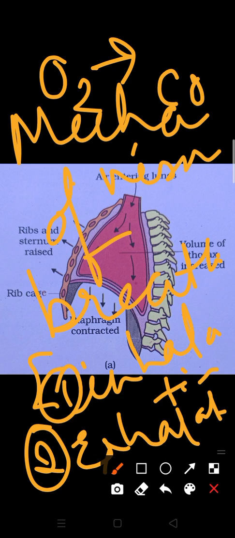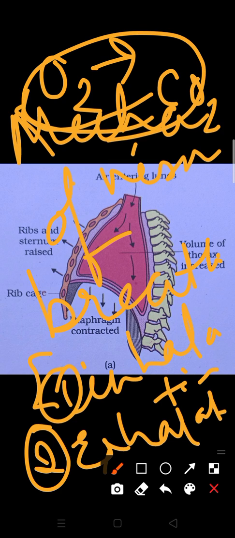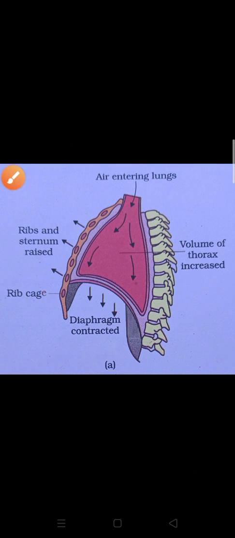Carbon dioxide. So in the same pathway carbon dioxide is exhaled out from our body. This is the simple mechanism of respiration, and these are the several steps. This is the general way to understand respiration, but we have to understand all these steps deeply.